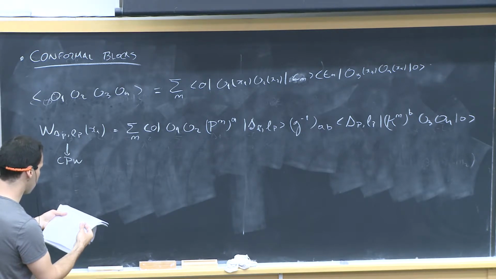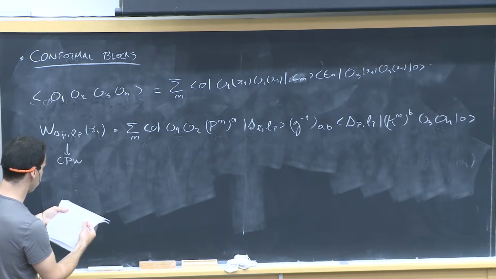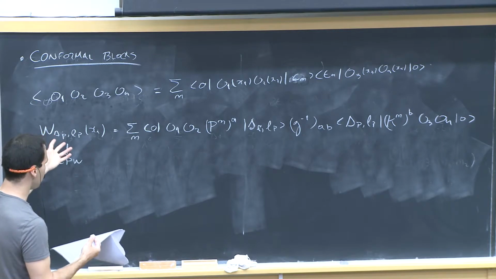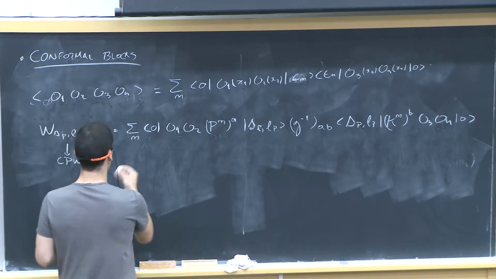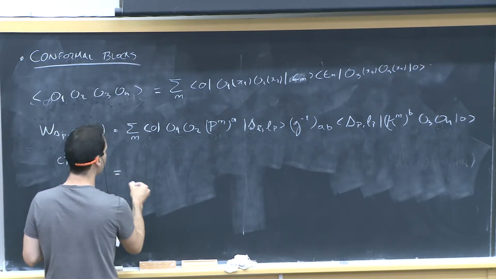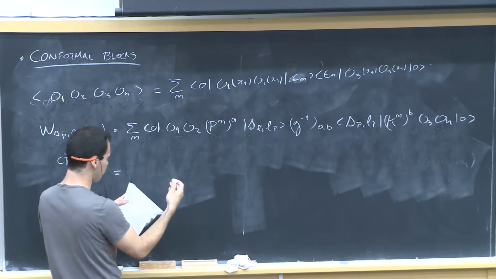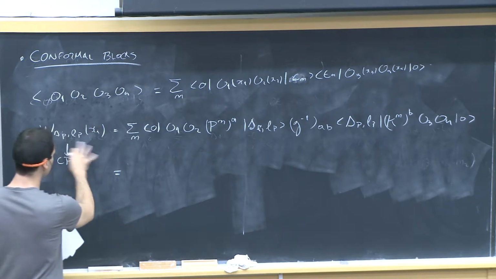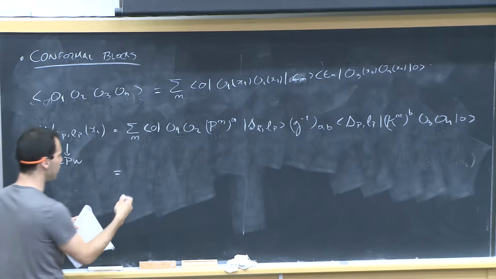I guess this is kind of historical terminology, but people used to work with these things, and the point is that you can write the conformal partial wave in the same way that you write the 4-point function.